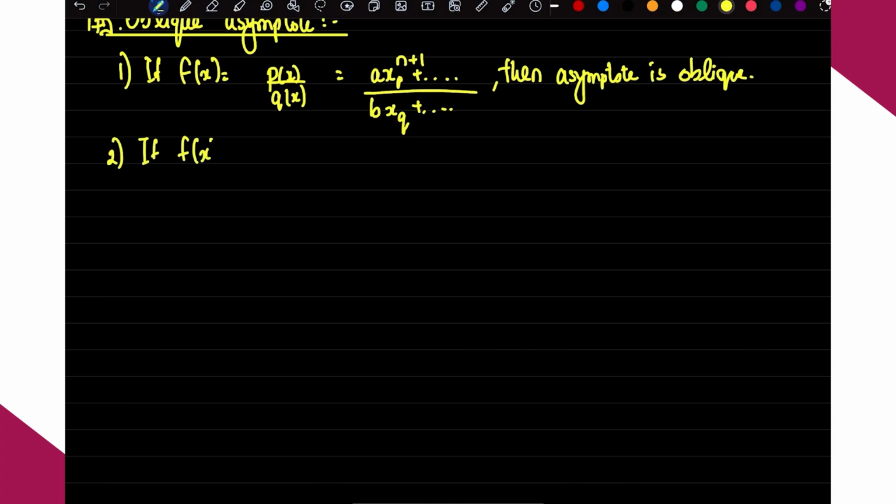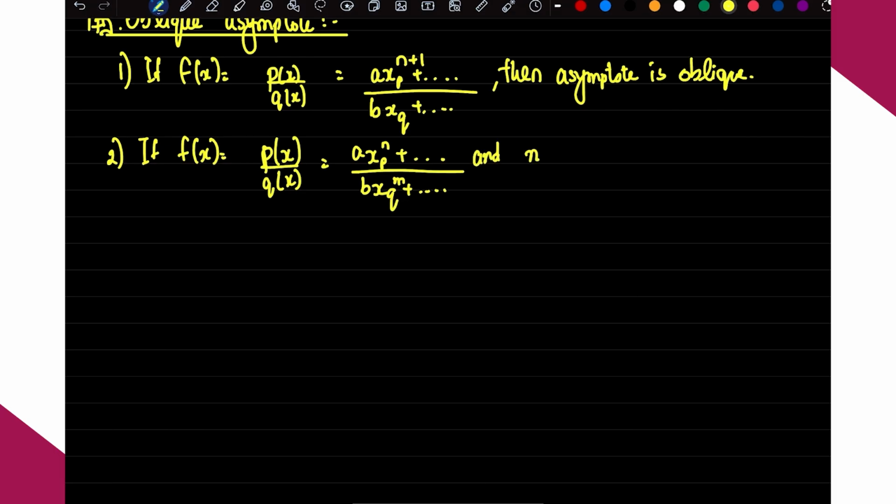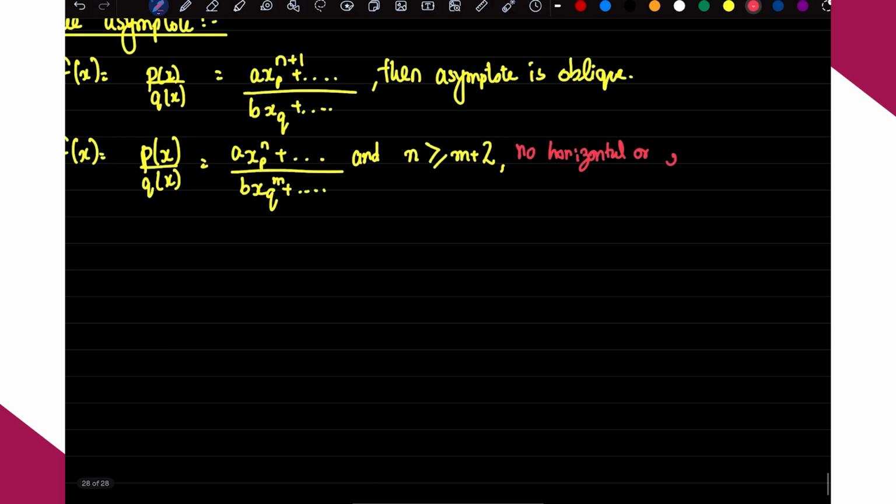If the degree of p of x is n, let's call the degree of q of x m, and n is greater than or equal to m plus 2, then we're going to have no horizontal or oblique asymptote.